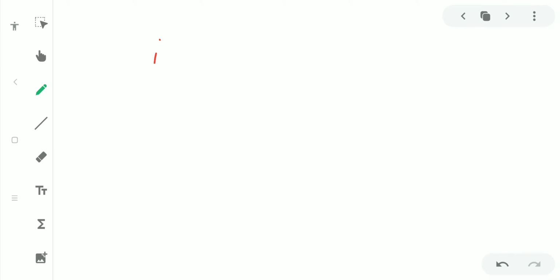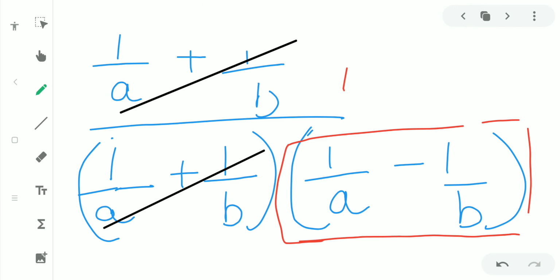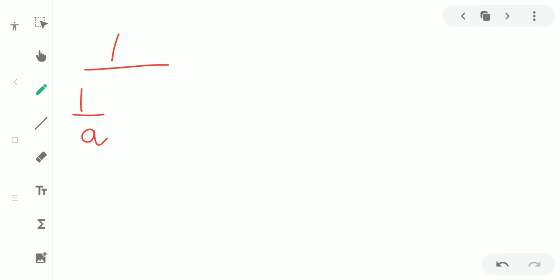So we will have 1 divided by (1 by a minus 1 by b). So you have the final answer. You can leave the answer like this.